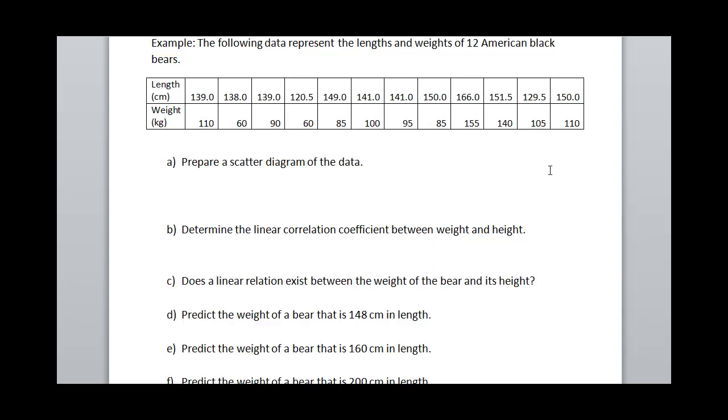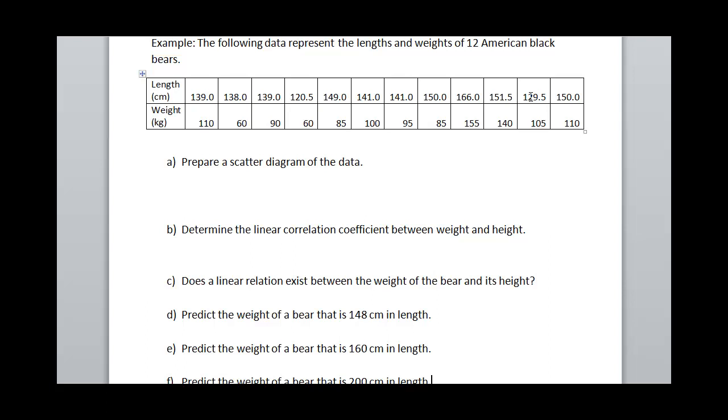Okay, we really don't need to predict for a value that falls very far outside of our observed values. These values for length are values that we actually observed, and we want to make sure that we don't go too far beyond our model because the pattern could change.